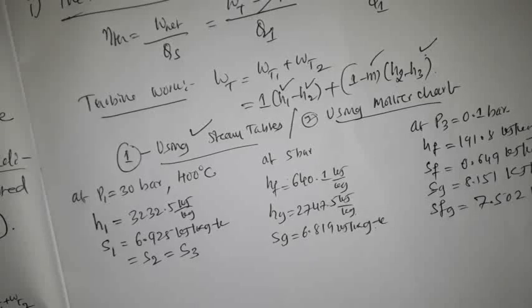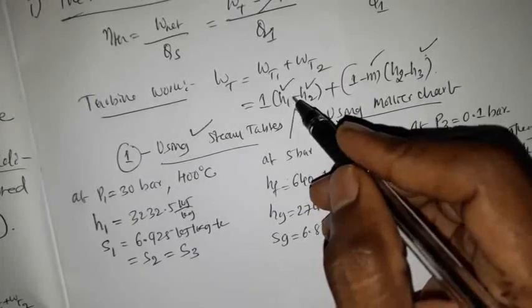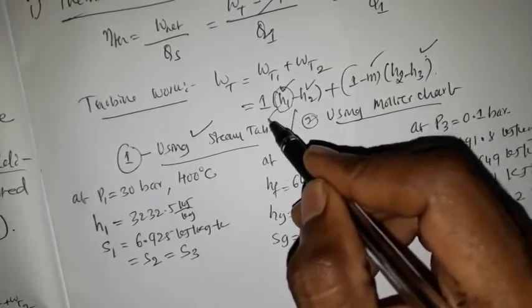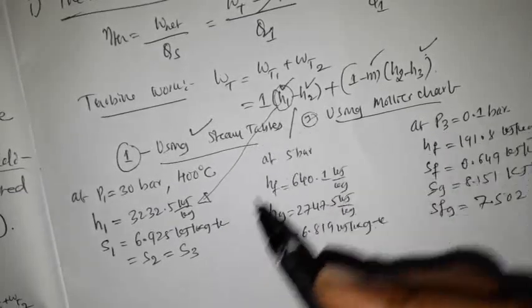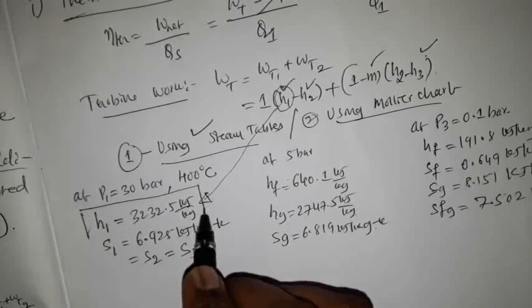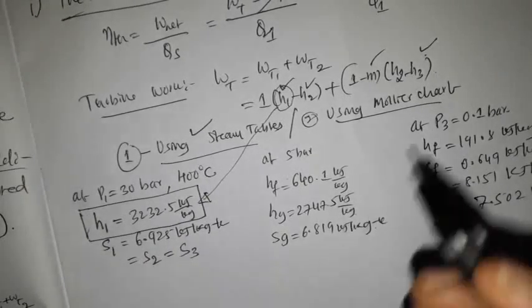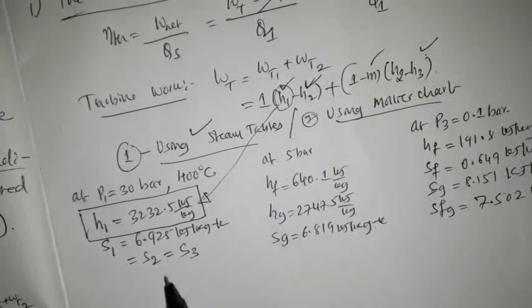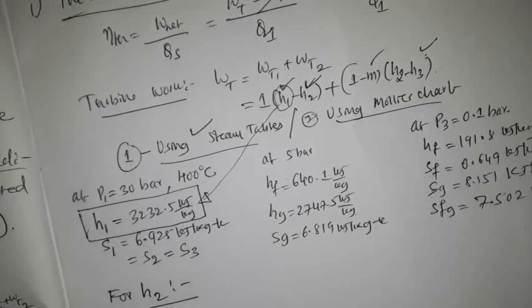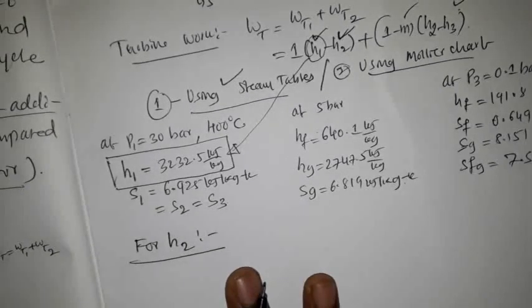Now let's note down the enthalpy values. So we got the H1 value directly from the steam table, that is 3232.5 kilojoule per kg. This is the H1 value. Now let's calculate H2, that is the enthalpy value at state 2.